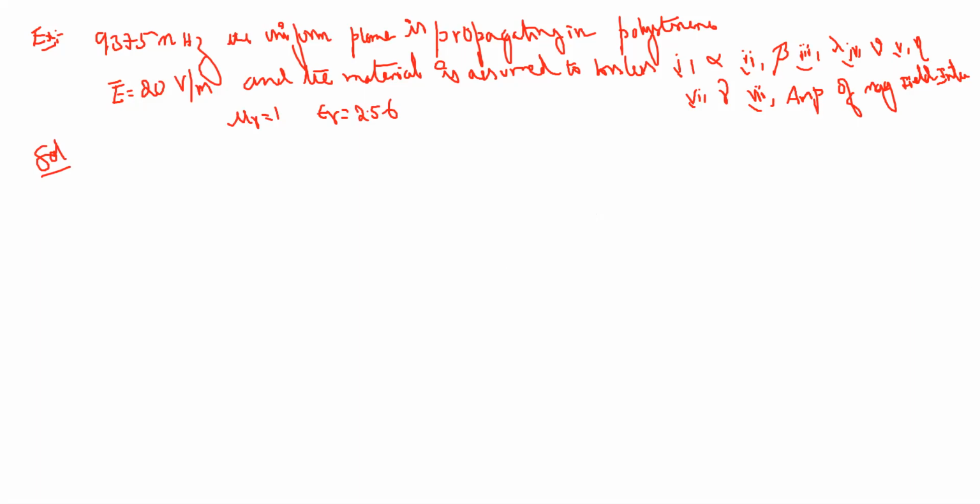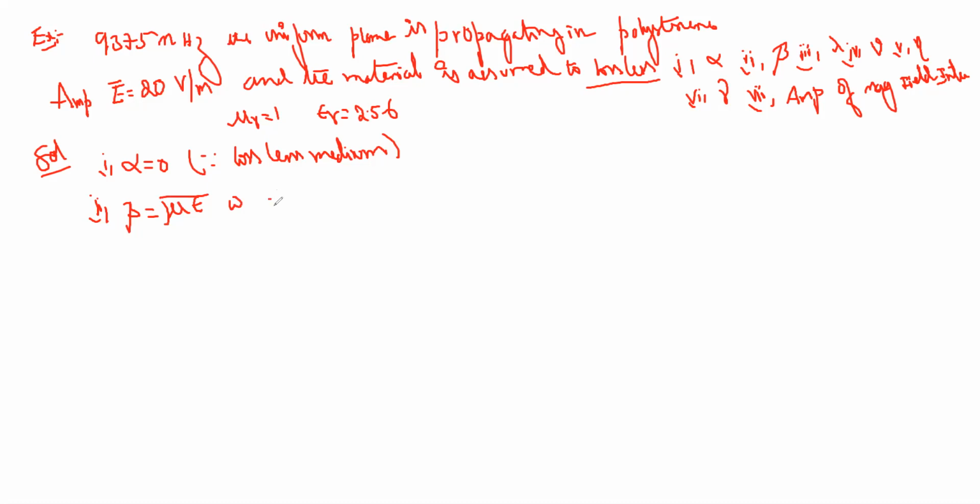The amplitude of electric field intensity is given, E is equal to 20 volts per meter, and this material is assumed to be lossless. They are saying it is lossless directly. The first one, the attenuation constant alpha is equal to 0, since it is a lossless medium. Got it, my students?